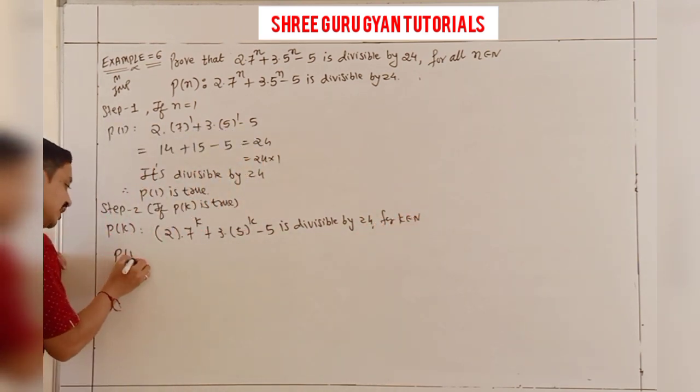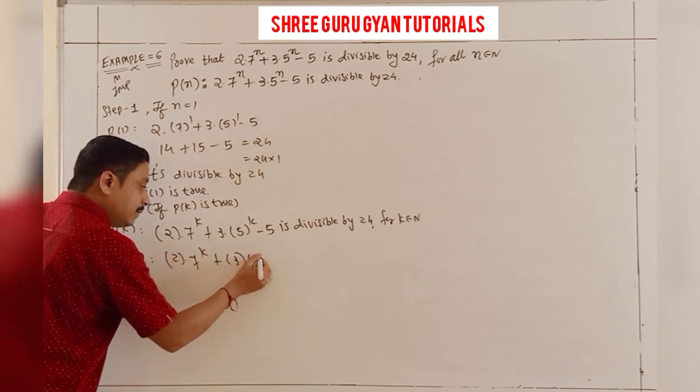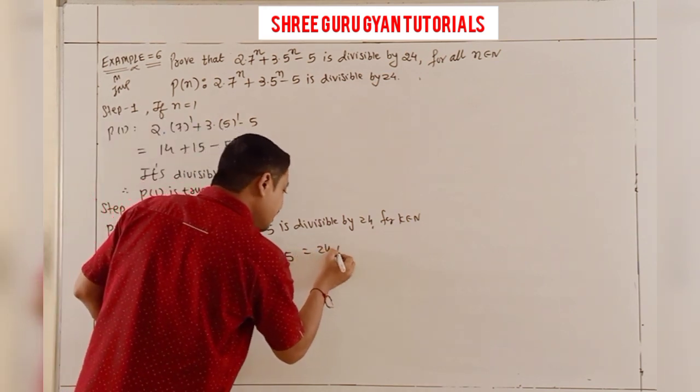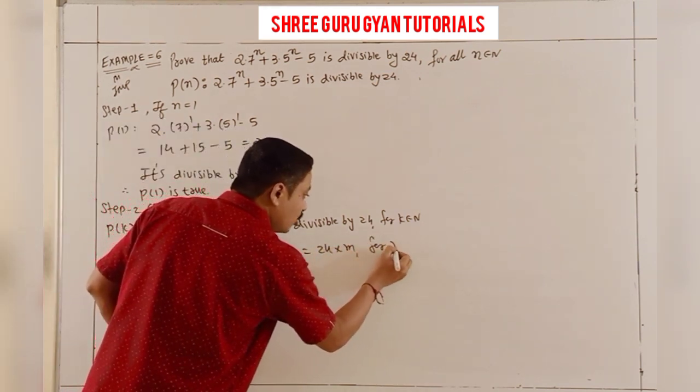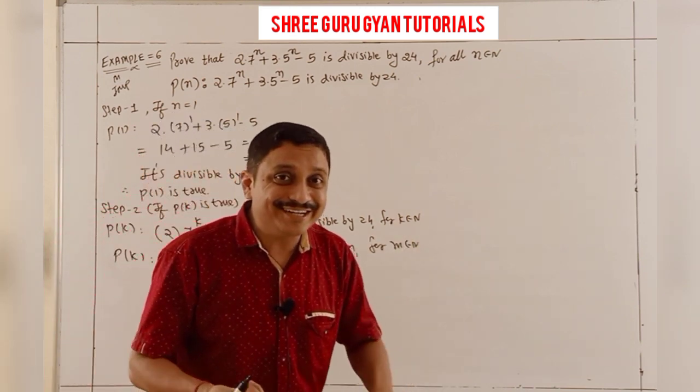What is the meaning of that? It means just divisible by 24, so we can say 24 into m, where m is a natural number.